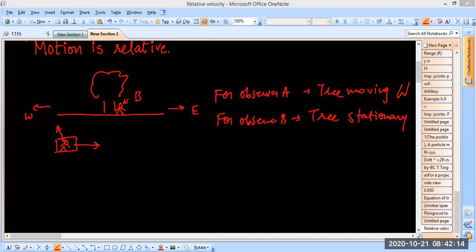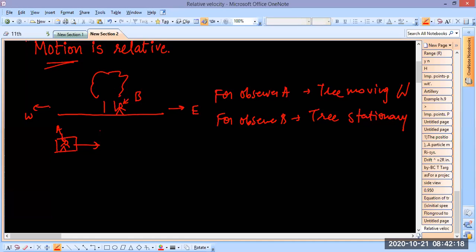So depending on where you are observing from, you sense motion. And it's even more weird. Suppose there was a vehicle here moving in this direction, and there is a person C in it. For observer C, the tree is moving in the east direction. So what you can clearly understand is that motion depends on who's observing.